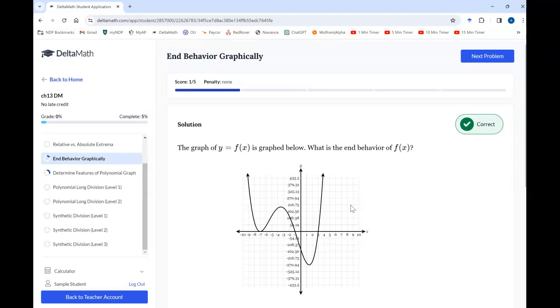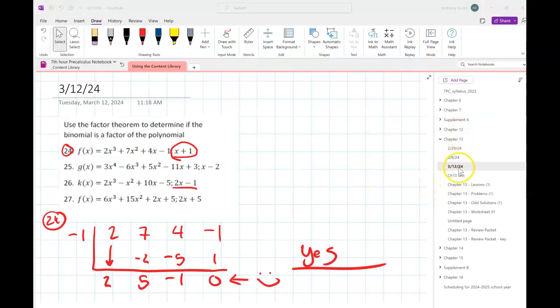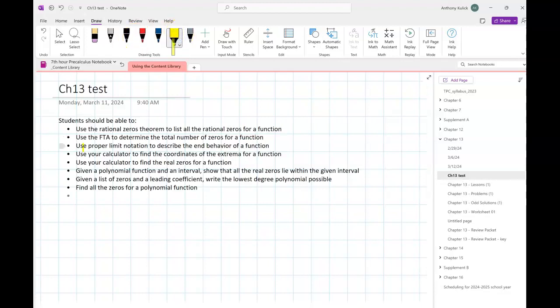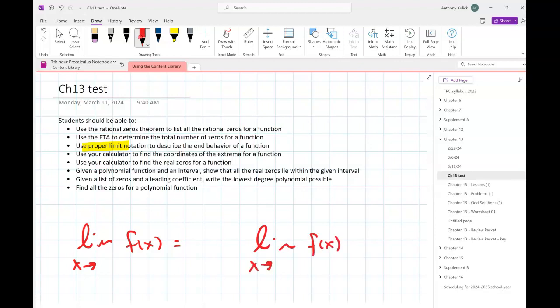Does that feel okay? And again, on the test, I'm going to ask you to give me the limit, right? So you always have two of them, because there's always going to be a right end and a left end.